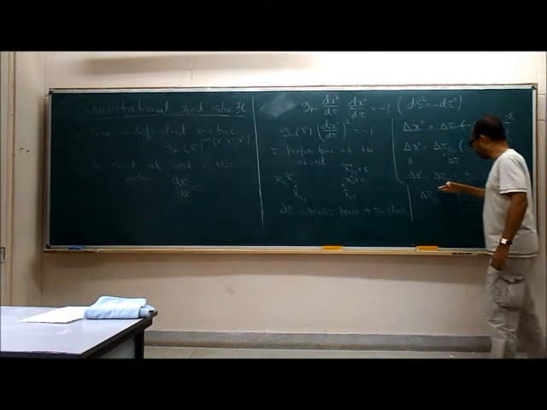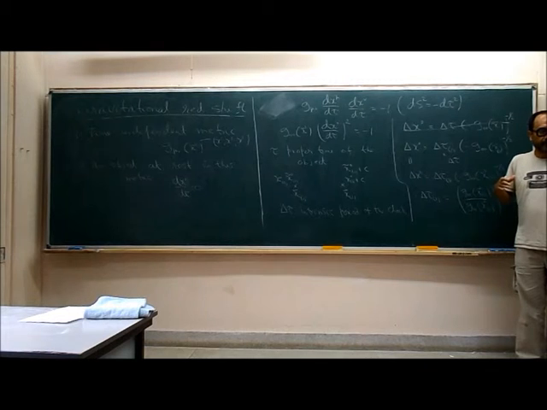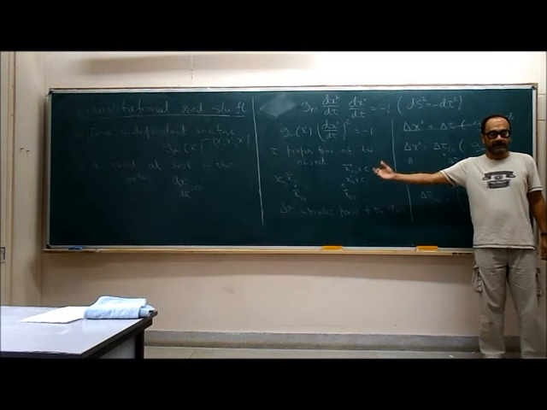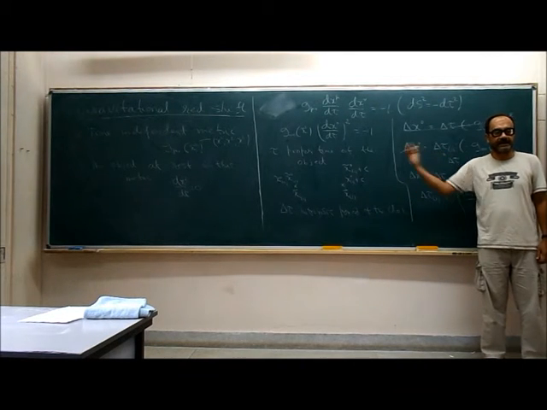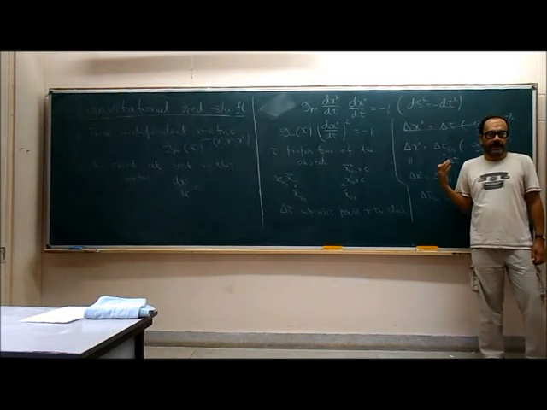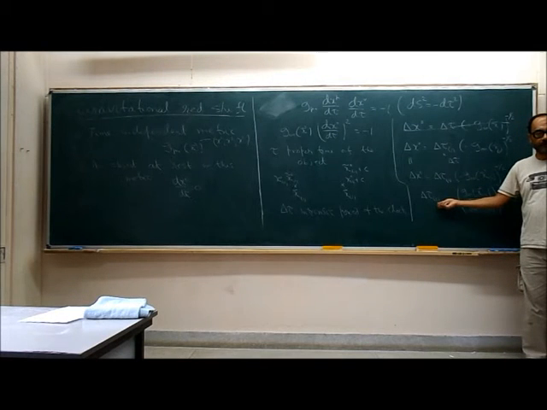The clock sitting at x2 will still continue to tick at an interval of delta tau. But sitting at x2, I want to look at the clock at x1. The first time it clicks, it sends a signal. The second time it clicks, it sends another signal. Those two signals will appear to be separated by proper time interval delta tau 2 from the point of view of the observer at x2.